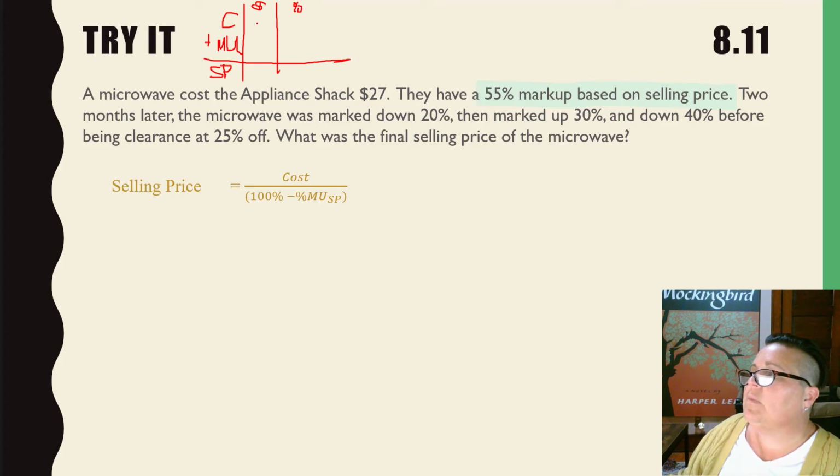Okay, so this is me quickly writing this out. So if I was going to do this using the chart real quick, it's a markup based on selling price. So my 100 goes here with the selling price. The cost is $27.